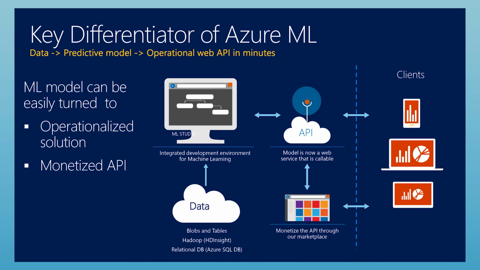And for the data scientist, you can build your machine learning models and publish this web service as an API, so that you can sell this API in Azure Marketplace. So you can even make money off it as a data scientist.